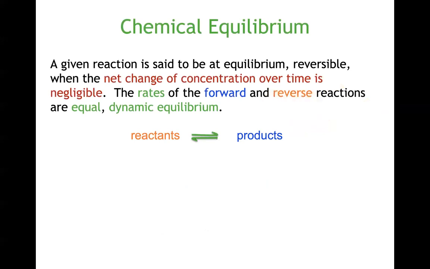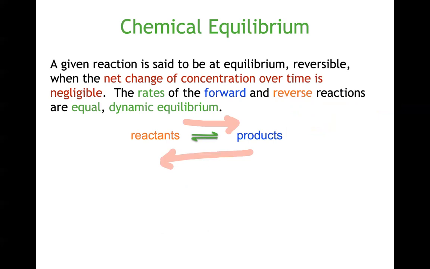Okay. So then the reaction is reversible, right? We could think of the reaction going in the forward direction where reactants are being turned over into product, or we could think of the reaction in the reverse direction where the products are being turned over back into reactants.